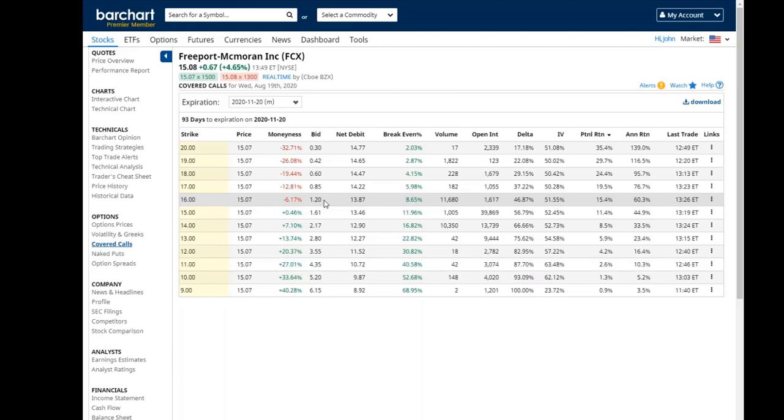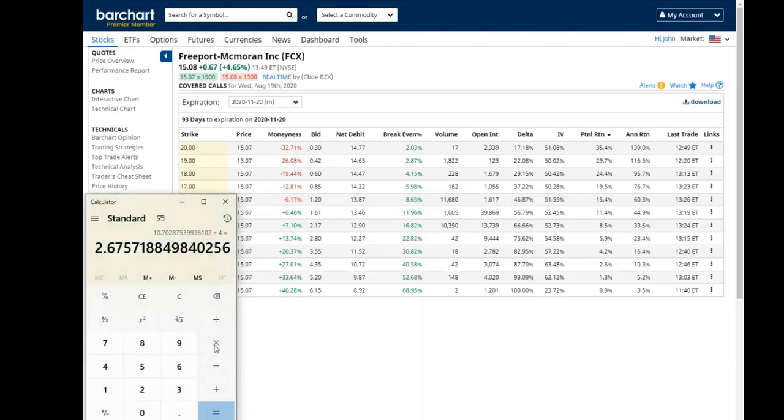What is my unchanged scenario? $1.20 divided by my net debit, $13.87. And again, I'm not taking dividends into consideration.